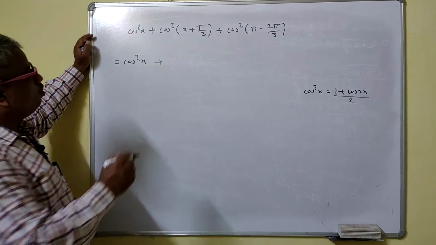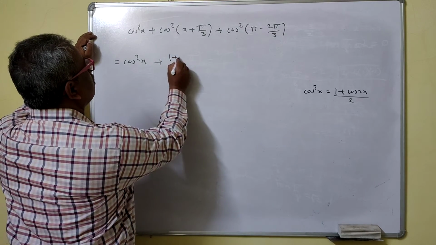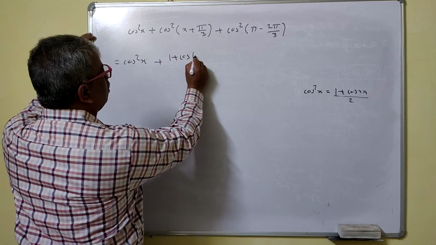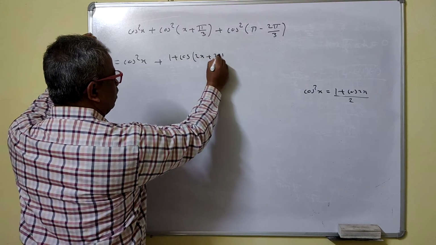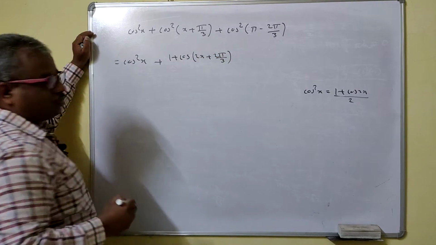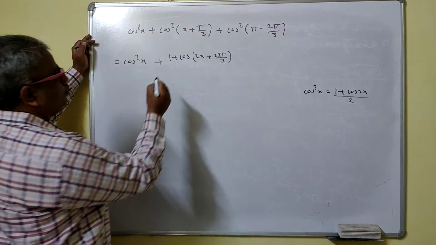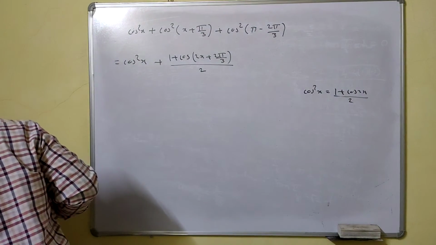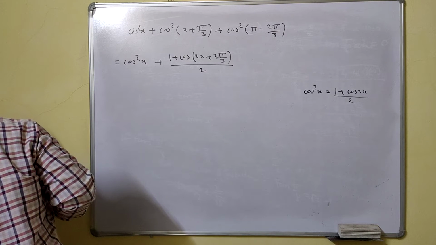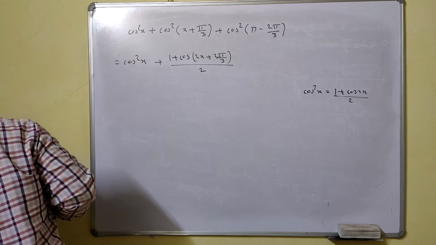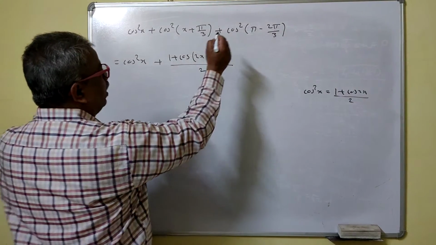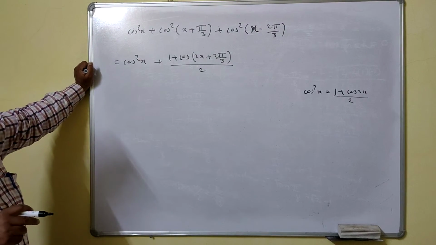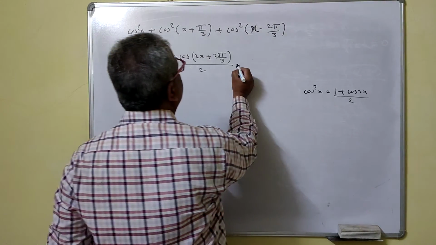So this will be 1 plus cos of twice x plus 2 pi by 3, upon 2. That is not pi, that is x. That is the printing mistake in the book.